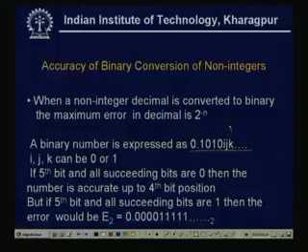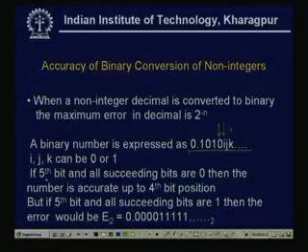Since it is converted to a binary number system, i, j, k are 0 or 1. Up to 4 bits the 1 or 0 value is already there, but from the 5th bit onwards I have represented the bits as i, j, k, which can be either 0 or 1.